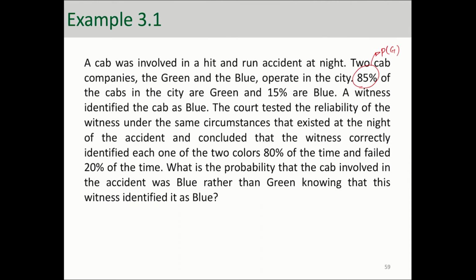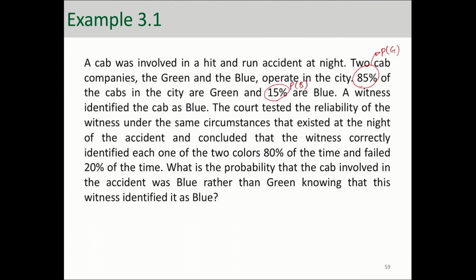So let's continue. 15% of the cabs are blue, so let's call that probability of blue. And then it says the court tested the witness, and they figured that he or she correctly identified each one of the two colors 80% of the time and failed 20% of the time. So when the witness correctly identifies the color, what are the scenarios where he identifies the color correctly?